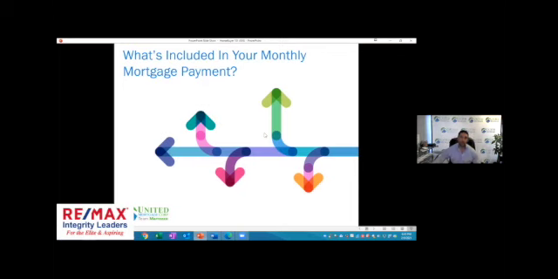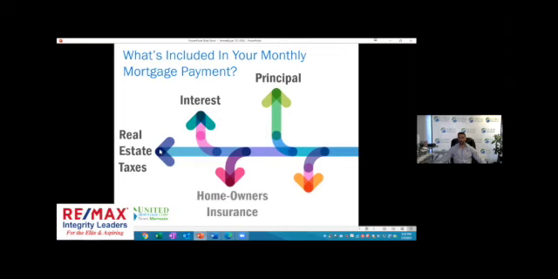Next, what's included in your monthly mortgage payment? All right, so we got principal, we know that, right? We got interest, boom. This starts knocking down your mortgage balance. You'll see every month. You have real estate taxes if you decide to include them, okay? You have homeowners insurance if you decide to include it. You could waive escrow as well.